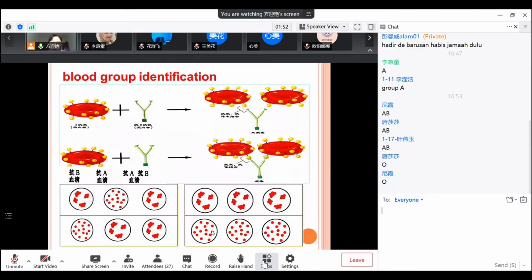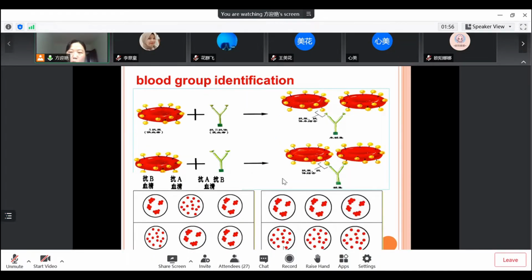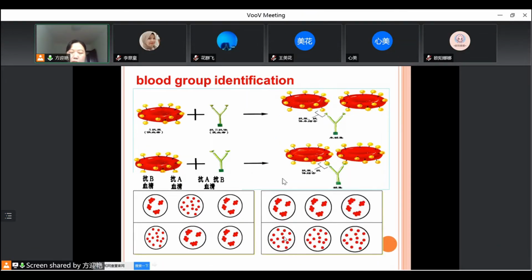O type means there are no A antigens or B antigens on the red blood cell membrane. So we know that this is the O type blood group.